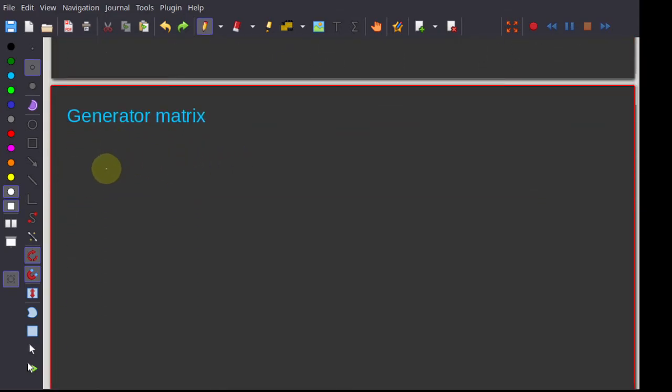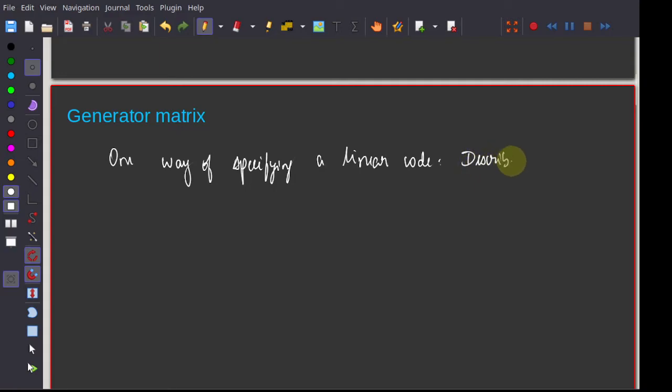So one way of specifying a linear code is that you tell me what the basis is. And you can write the basis in terms of a matrix.